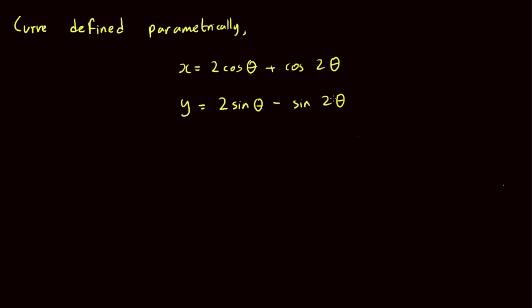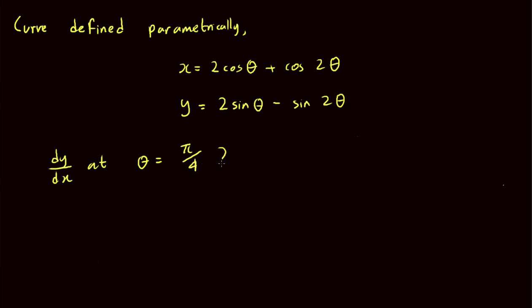Okay, and they want us to find dy dx at theta is equal to pi over 4, right?